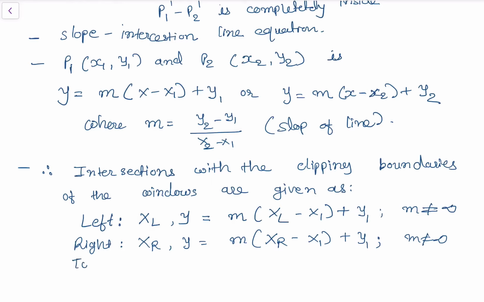Now for top, that is yt, x = x1 + (1/m)(yt - y1).